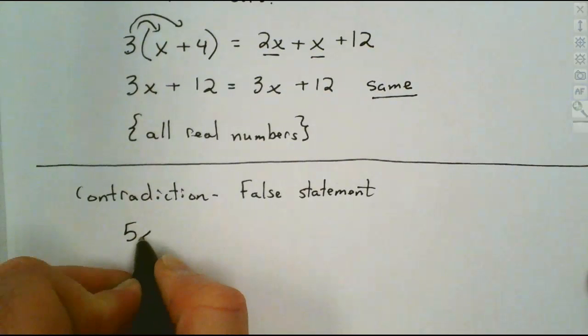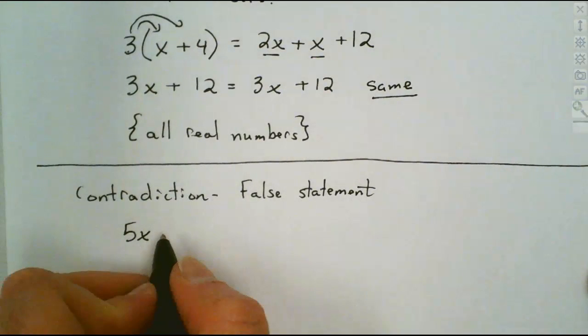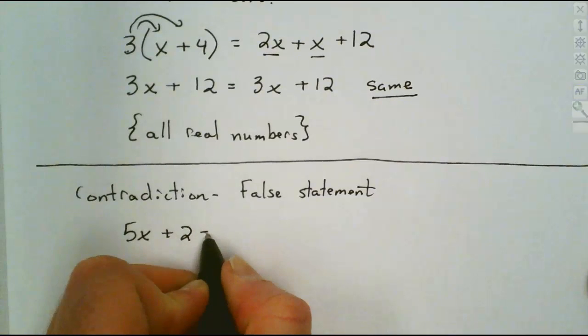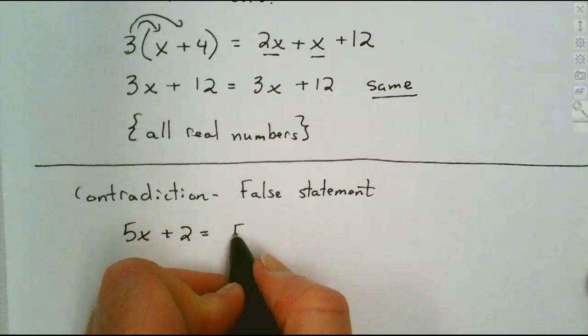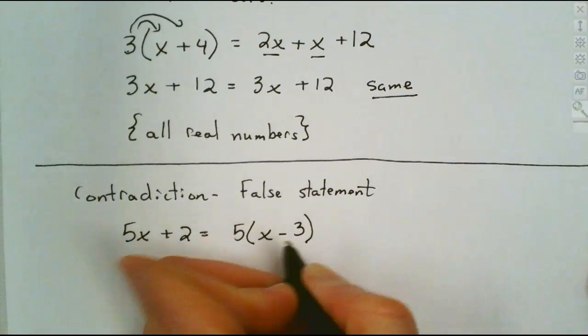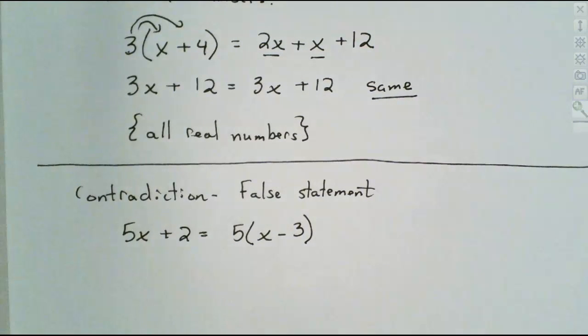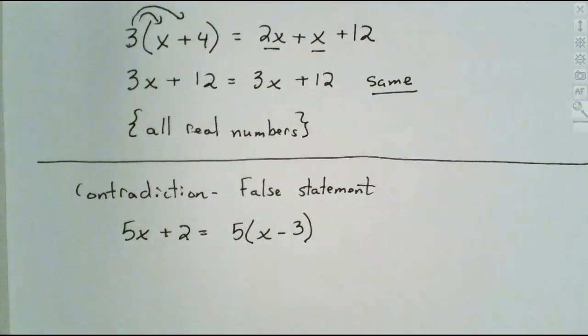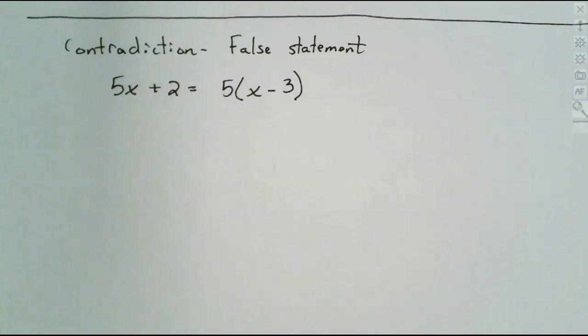And this is an example of a contradiction. When we go to solve this out, the variable x is going to disappear. And we're going to end up with two numbers that don't make sense. They don't equal each other.